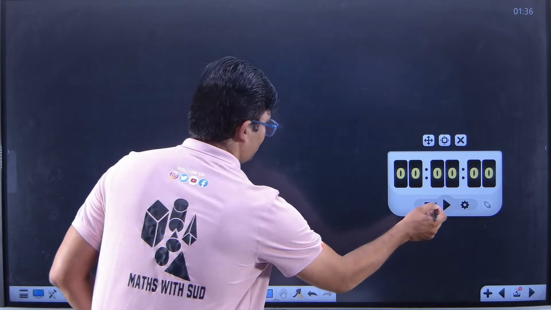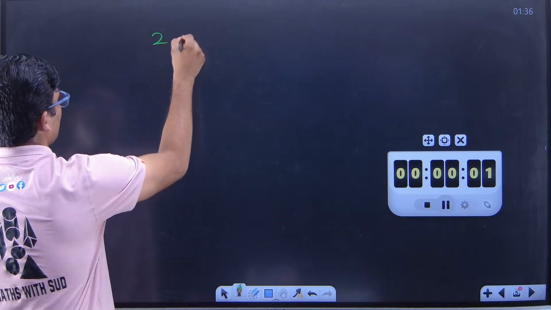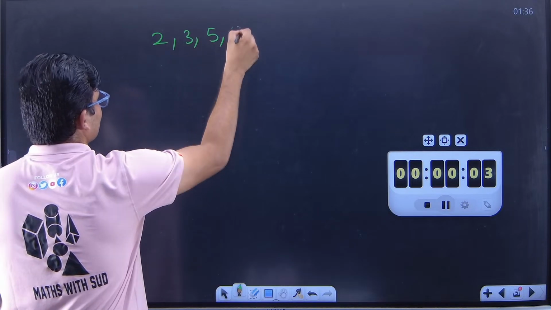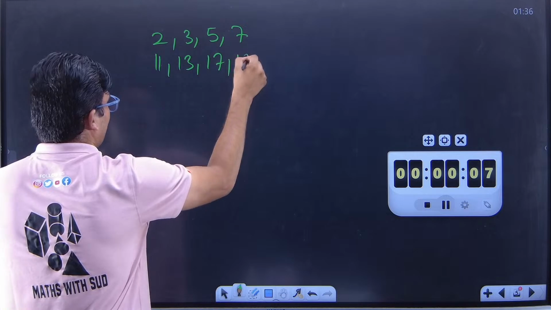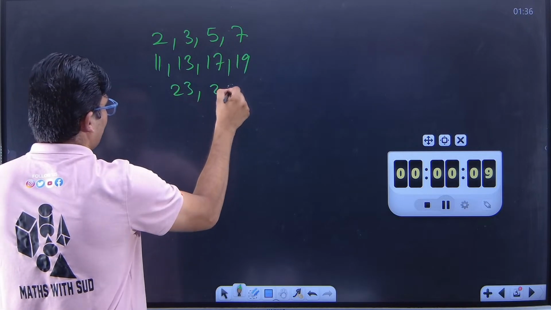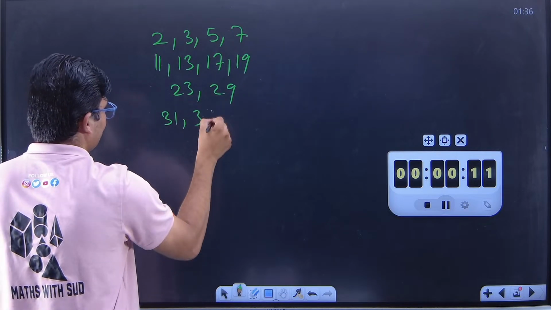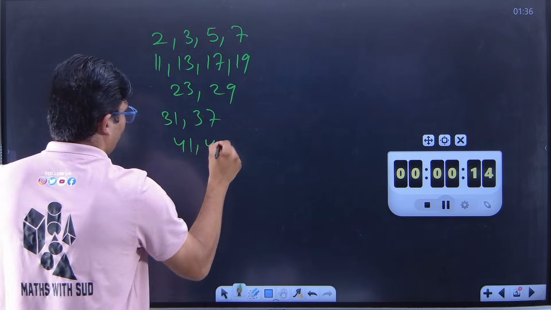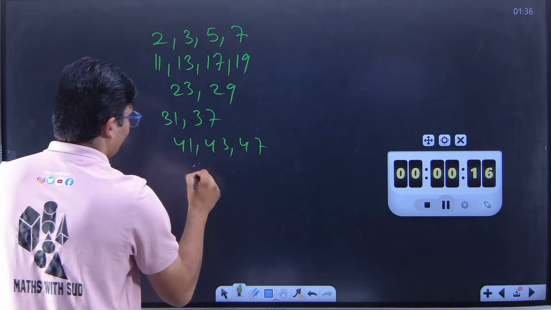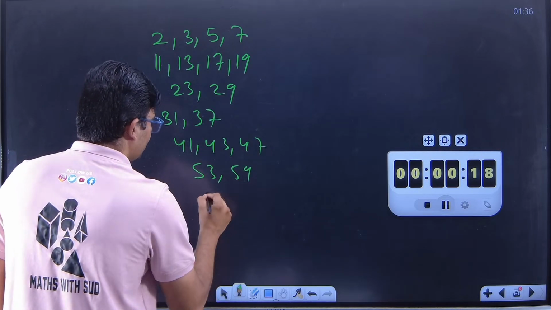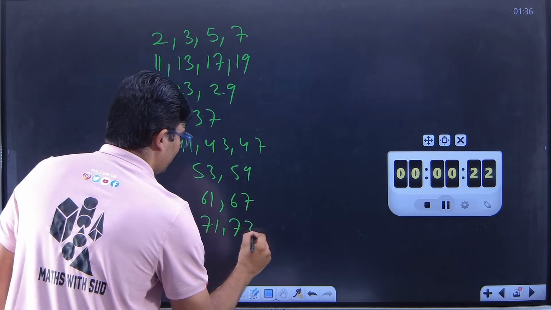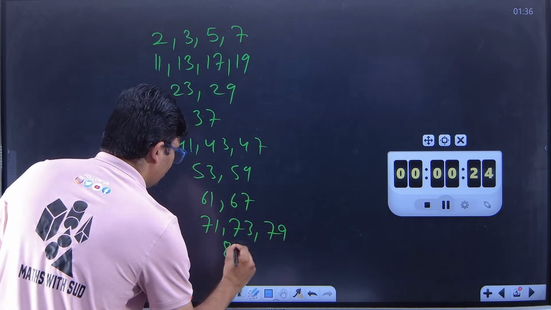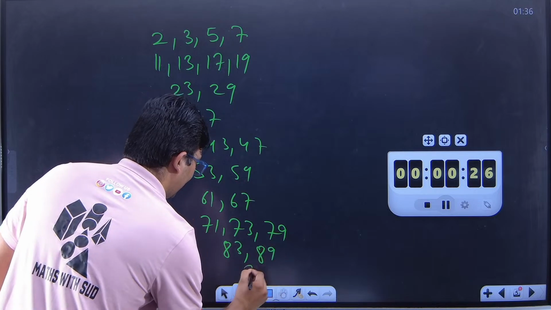So the numbers are 2, 3, 5, 7, 11, 13, 17, 19, 23, 29, 31, 37, 41, 43, 47, 53, 59, 61, 67, 71, 73, 79, 83, 89 and 97.